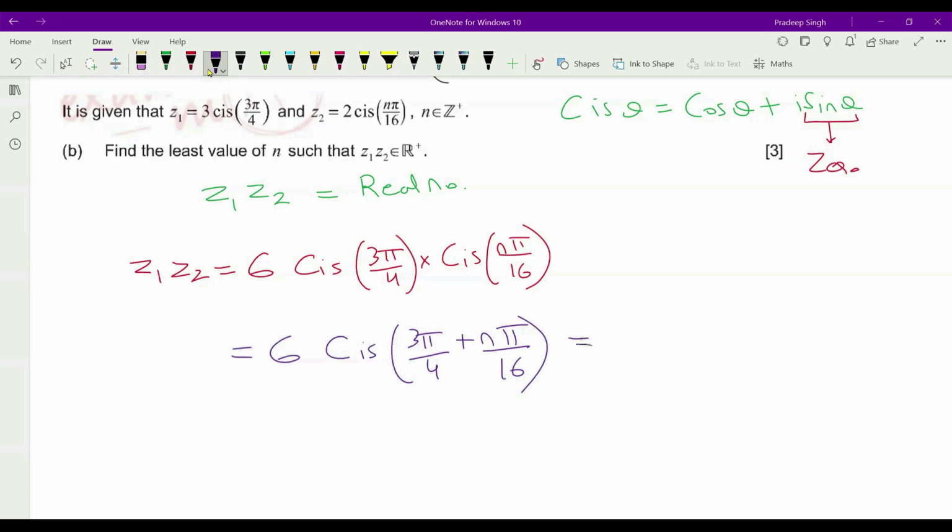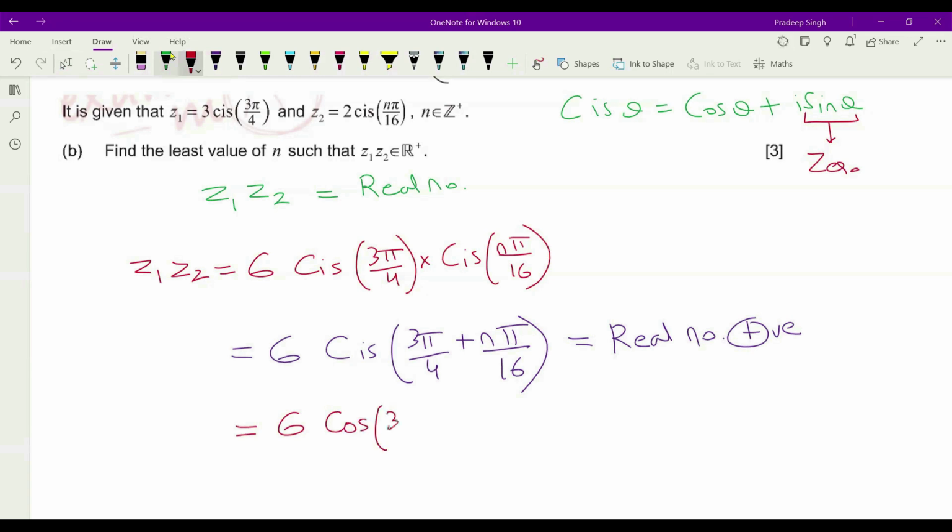Now, according to the question, this is a positive real number. As we saw, for the complex number to be real, its imaginary part needs to be zero. So just for explanation, let us expand the cis. Cis, remember, is cos theta plus i sine theta.